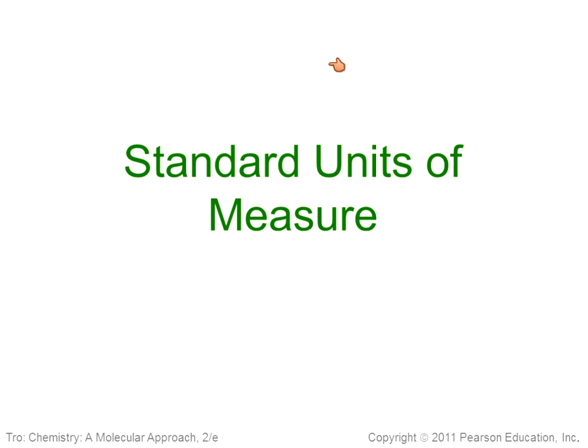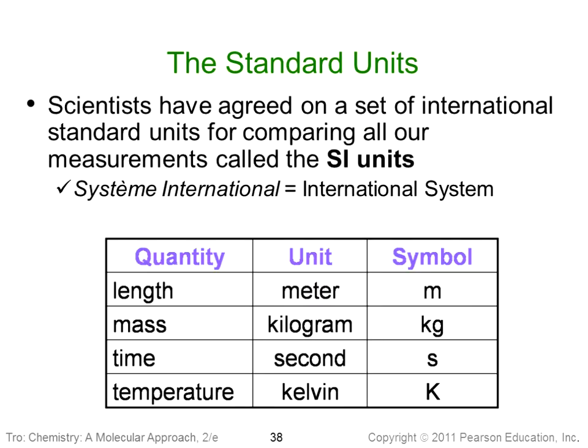Now let's move into looking at what's called the standard units of measure. The standard things that we look at are length, mass, time, and temperature. And the units are meters, kilograms, seconds, and degrees Kelvin.